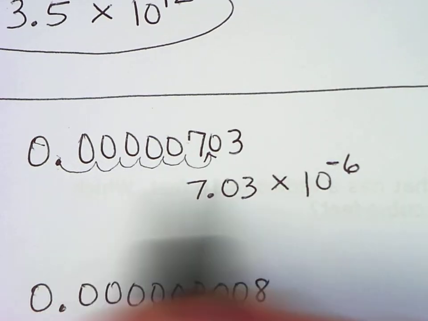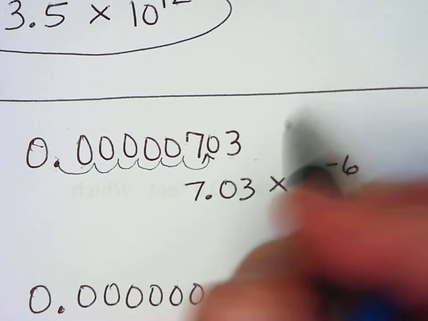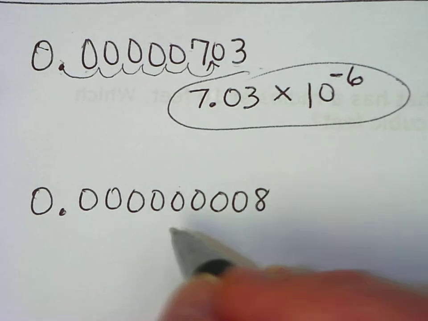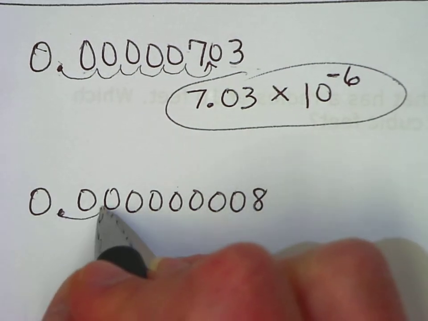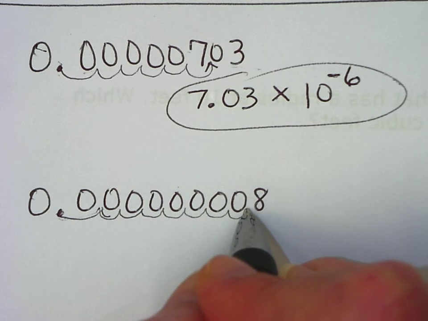Again, if my number is less than 1 to begin with, and I moved it 6 times, it's going to be a negative exponent. Okay, let's try this one. I'm going to move the decimal to make this number between 1 and 10. 1, 2, 3, 4, 5, 6, 7, 8, 9.